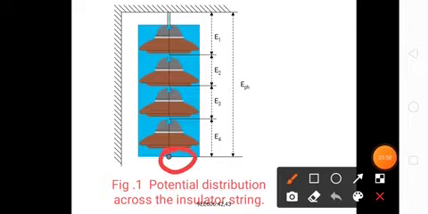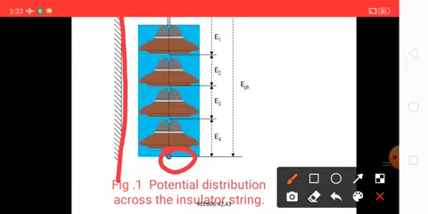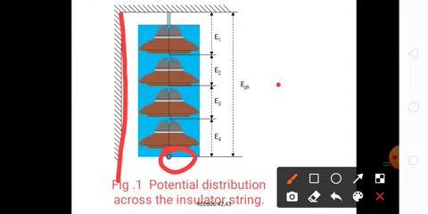Here is the pole, the conductor, the tower and the cross arms.